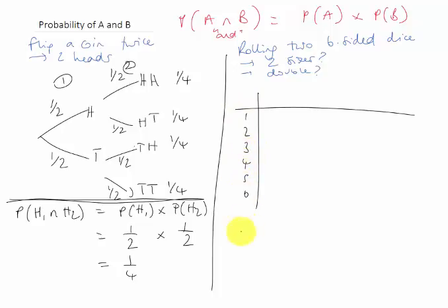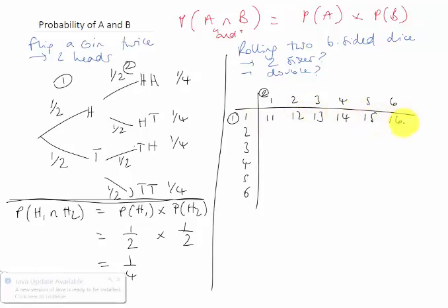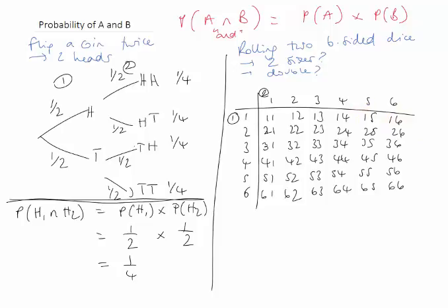So this is the first dice, this is the second dice. You can have 1 2 3 4 5 6. So here I'm going to draw out all the different combinations we can get. So you can have a 1 and a 1, a 1 and a 2, 1 and a 3. So I spared you writing all those out. So here we've got the 36 different combinations that you can get from rolling 2 6-sided dice.